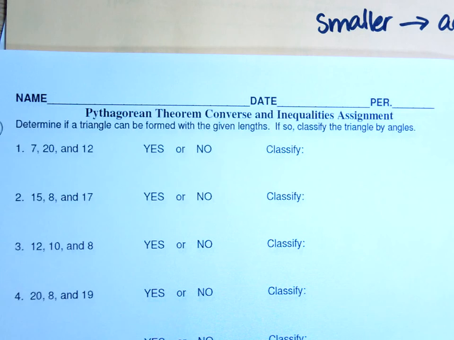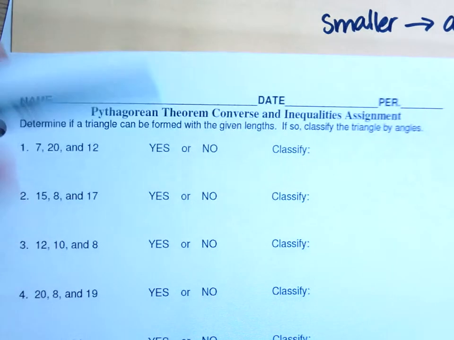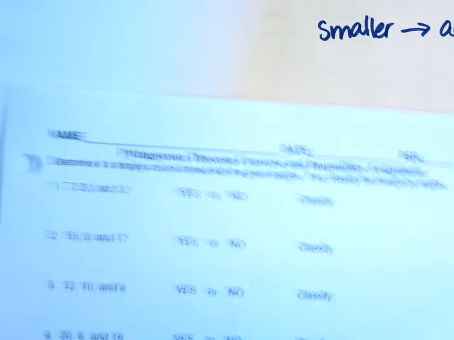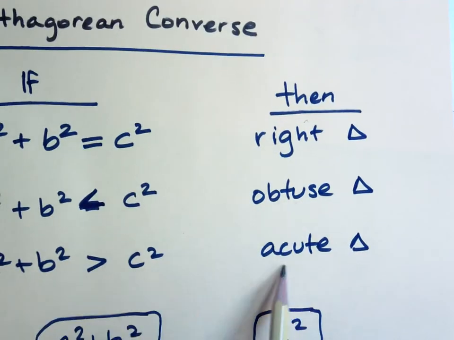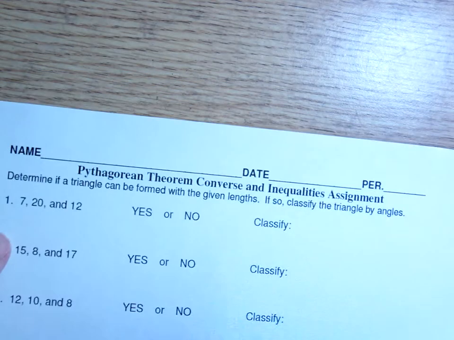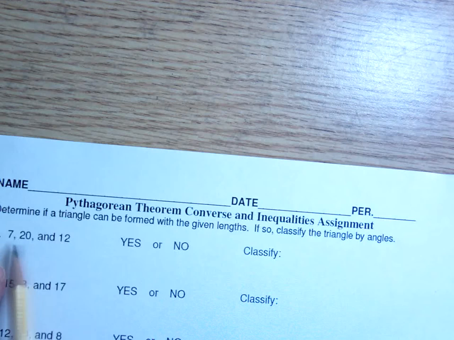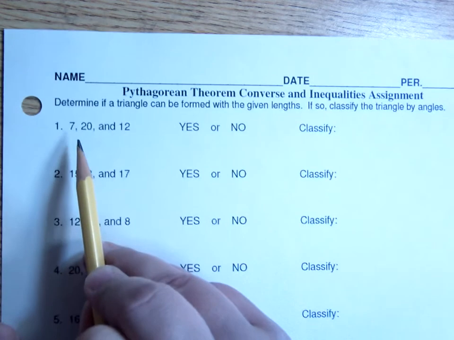Let's ignore the can a triangle be formed for a second and just look at the Pythagorean converse. The Pythagorean converse is how I figure out right, obtuse, or acute, which is what they're asking me to figure out.